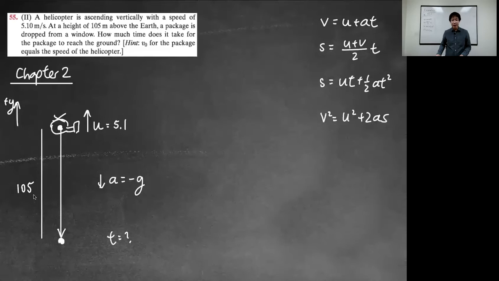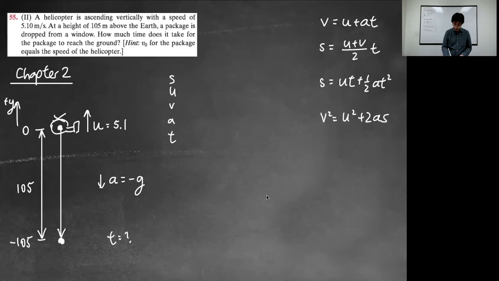So that's the distance. I've got my origin here, that's my y equals 0. In essence, this is going to be minus 105 if the distance is 105, like that. All right, so let's write out our givens.